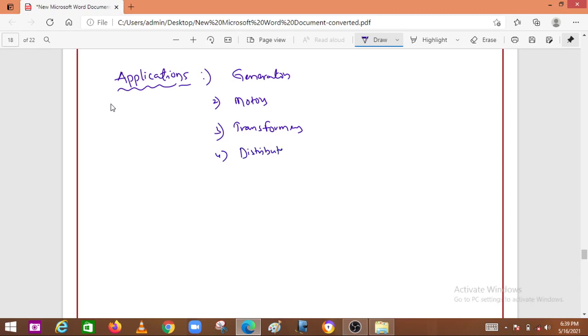So in almost all cases overcurrent will be existing.